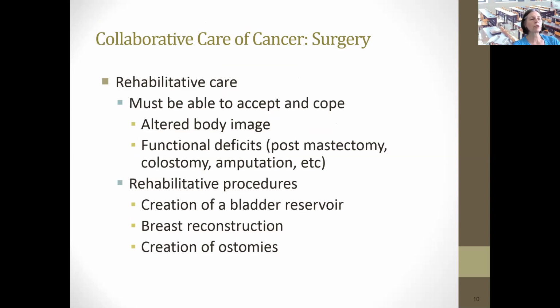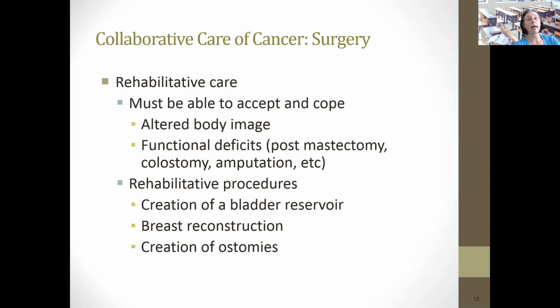Surgery can also be used in a rehabilitative mode. It could be reconstructive, like after a mastectomy, to reconstruct breast tissue, or after an amputation to make it a more palatable surgical site. A closure of a colostomy that might have been temporary could be a rehabilitative surgery.